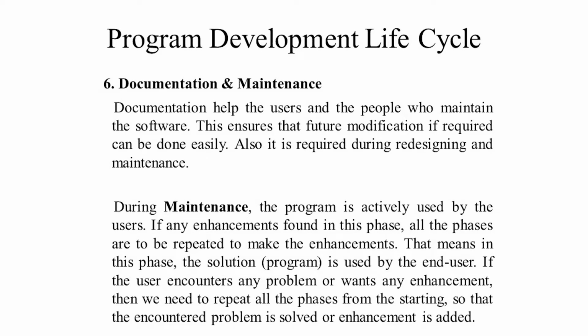So if the user encounters any problem or wants any enhancement, all the phases are to be repeated to solve this particular problem. And if any enhancements are required, all the stages need to be repeated. Okay, so these are the steps involved, that is the 6 steps involved in the program development life cycle.